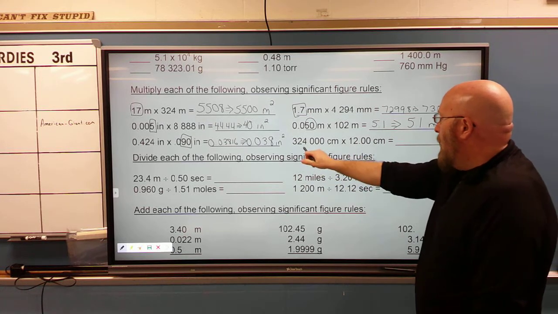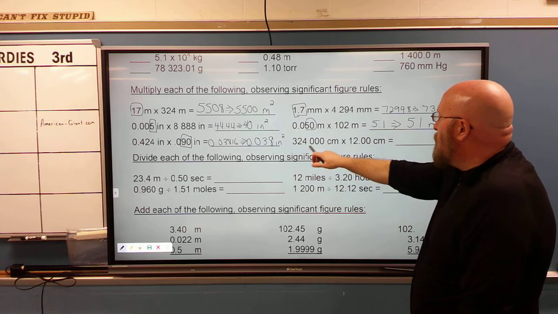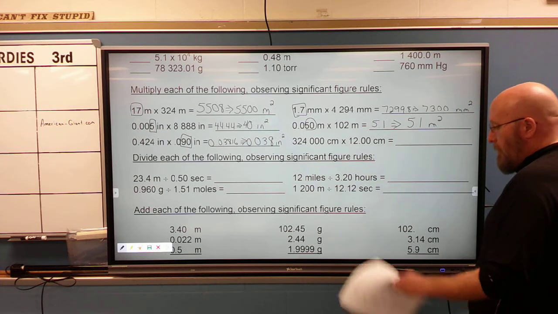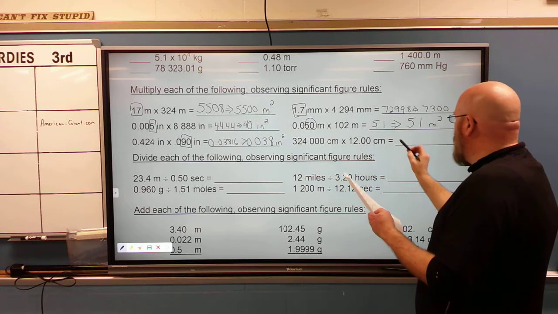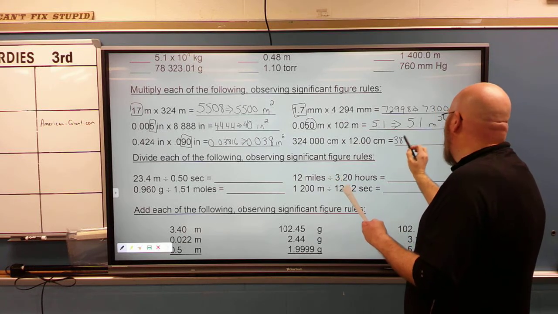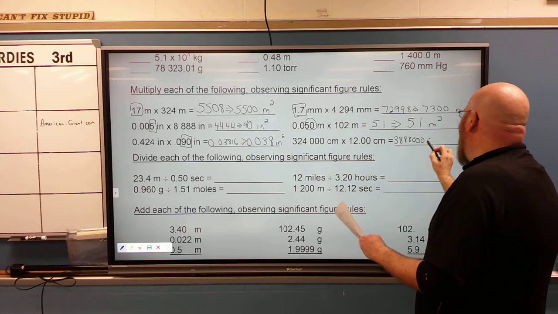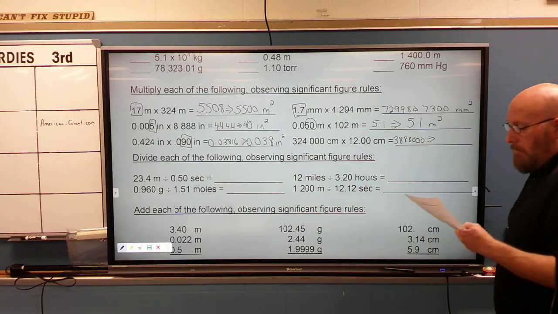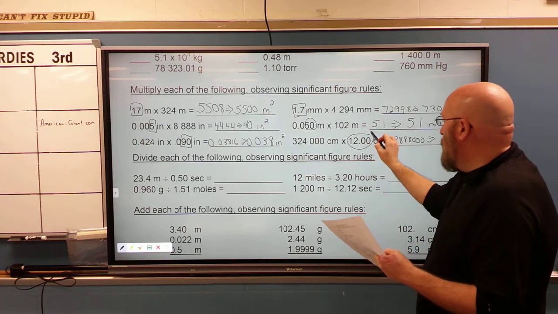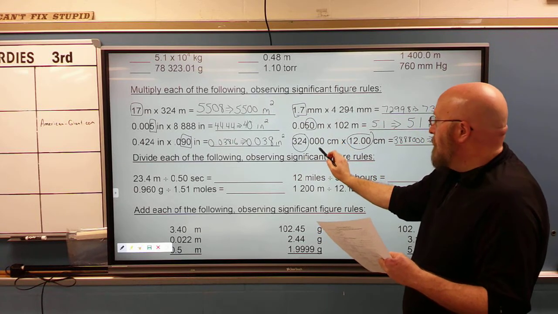Now, the last one as far as multiplication, 324,000 centimeters times 12.00 centimeters. Here's what you will get in the calculator: 3,888,000. Now again, sig figs. 4 here, 3 there because no decimal, right? So those zeros don't count.